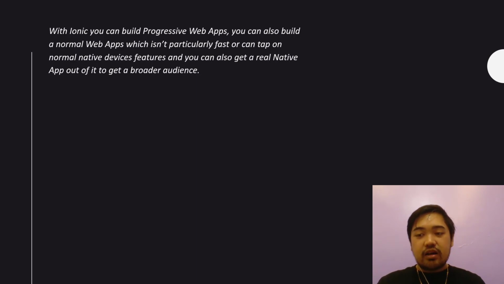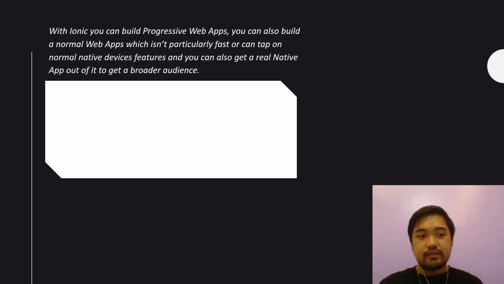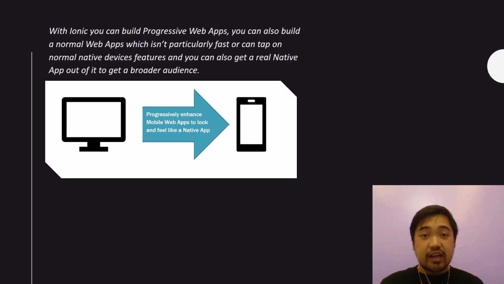So, pwede din tayong gumawa ng downloadable version ng apps na gagawin natin kay Ionic. So, this is the diagram on how the progressive web app enhances the usability or the user features of your web application. So, progressively enhance mobile web apps to look and feel like a native app.